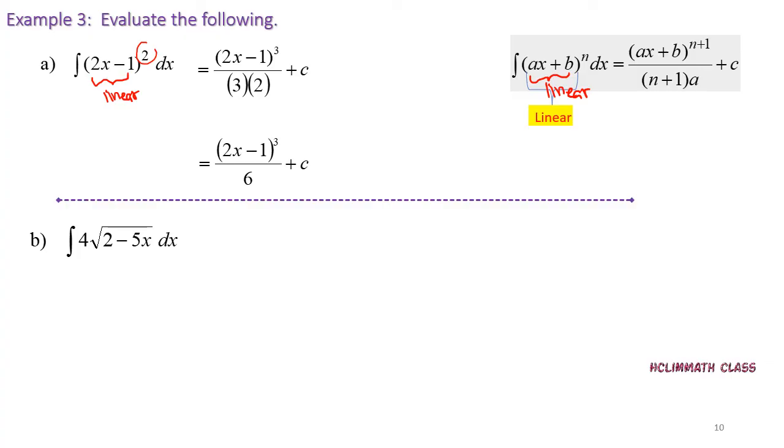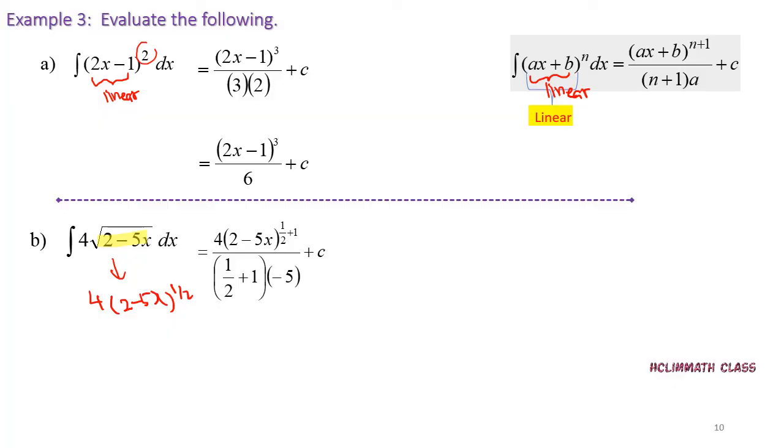For the next question, why we can apply this is because, if we look at this, we consider it still as a linear function. This one we can simplify as 2 minus 5x to the power of 1 over 2.